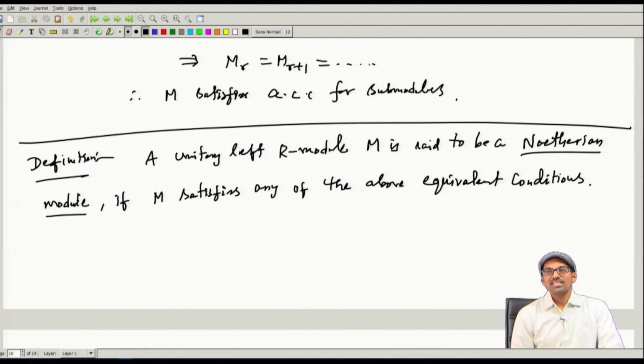Okay. So, that means that the ascending chain condition holds for M, or every non-empty family of submodules of M has a maximal element, or every submodule of M is finitely generated. Okay. Then we say that our module M is a Noetherian module.